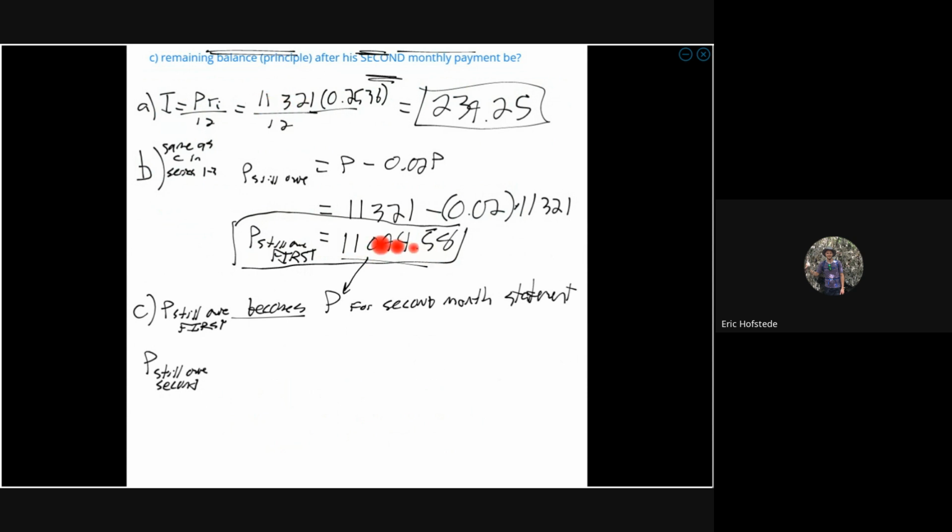I use my slightly reduced principal after I made that 2% payment off principal mandatorily. So that is my new principal. So the principal I owe after the second month is equal to the principal from Part B minus that 2% payment off principal once again. So all I'm doing is using my answer from B as my principal in C.